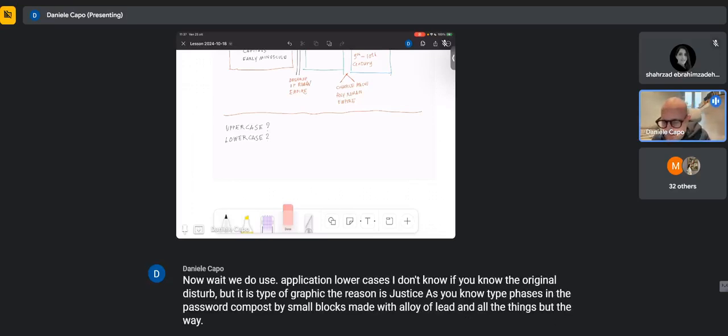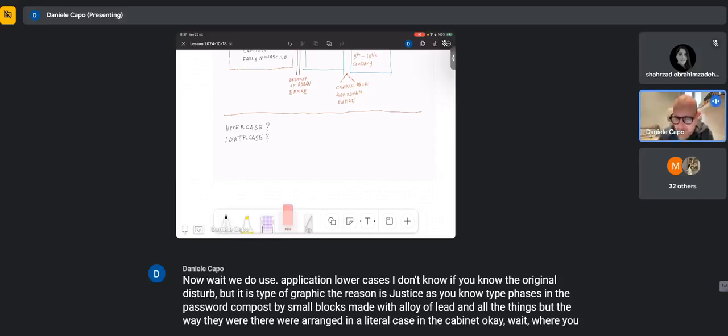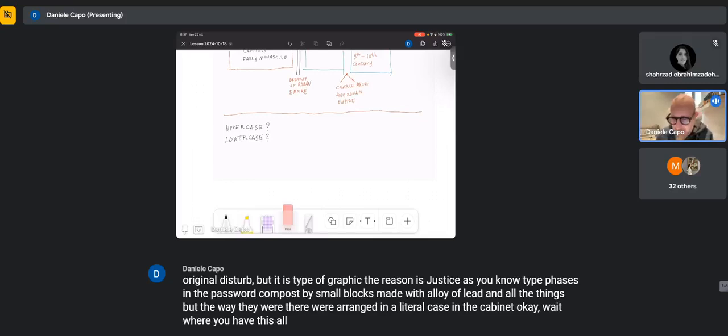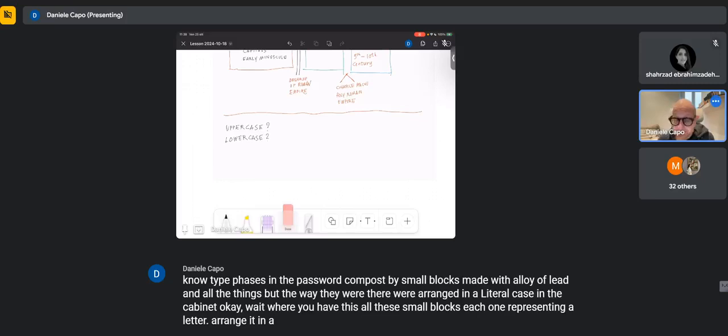By the way, they were arranged in a literal case in a cabinet. Okay, when you have all these small blocks, each one representing a letter, arranged in a case.